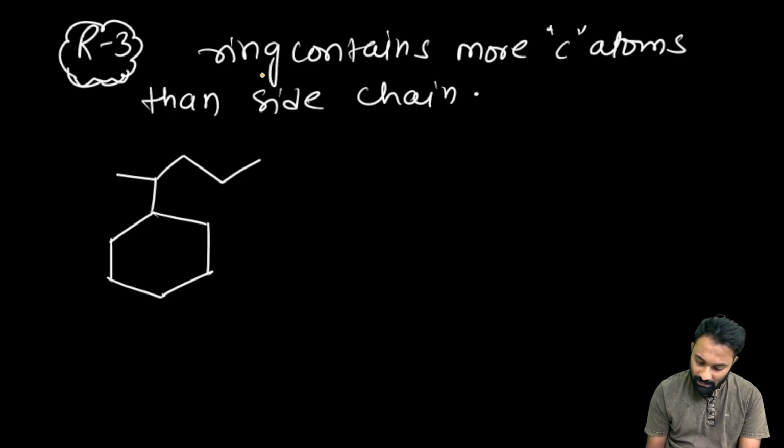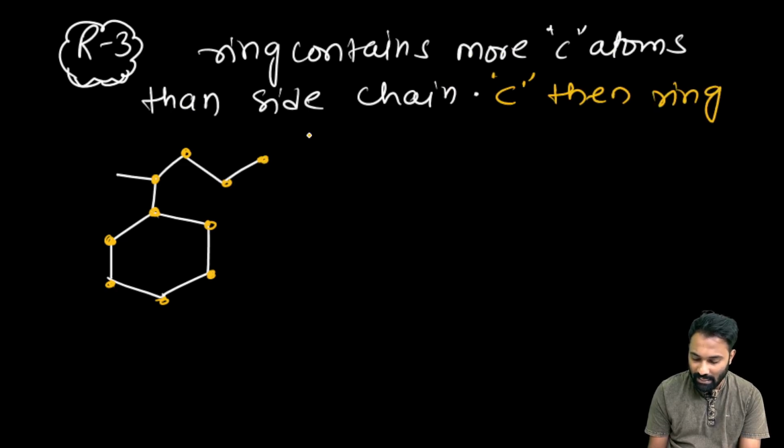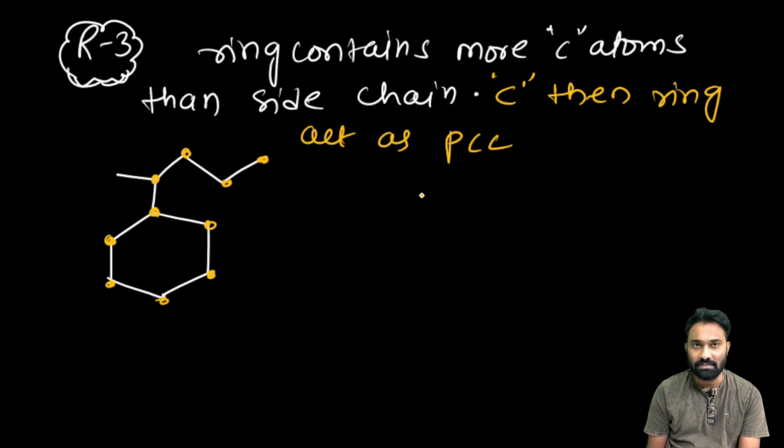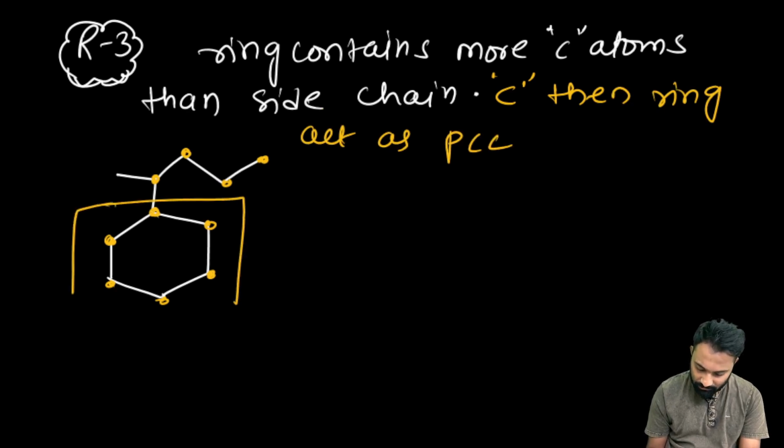Now next, another rule, number 3. What you have to remember? Ring contains more carbon atoms than the side chain. Here you see 1, 2, 3, 4, 5, 6. The ring contains 6 carbons. Now the side chain we are having only 1, 2, 3, 4. If the ring contains more carbons than the side chain, then the ring acts as the PCC, the parent carbon chain.